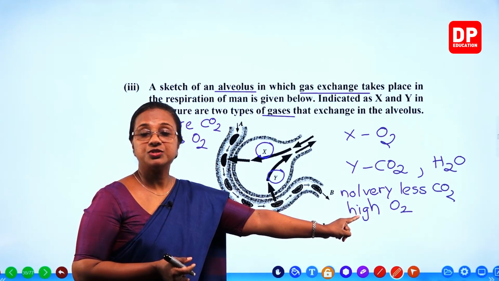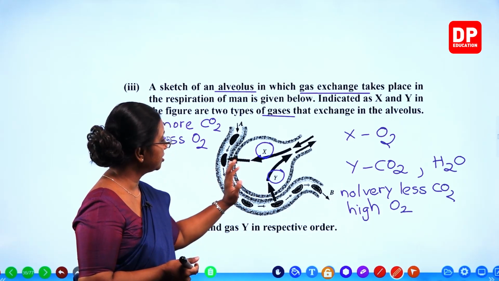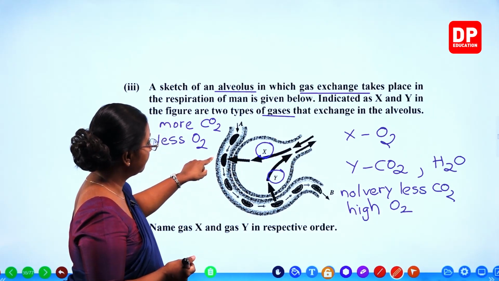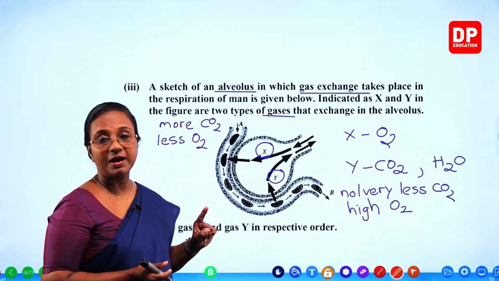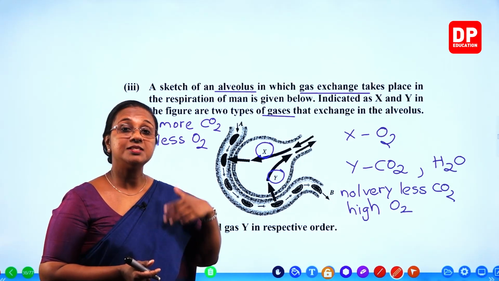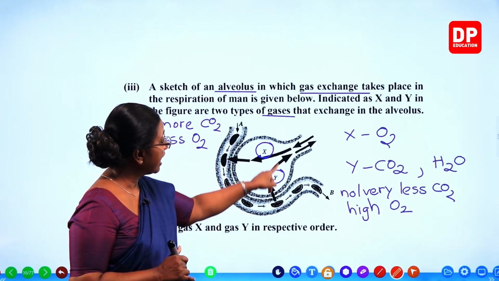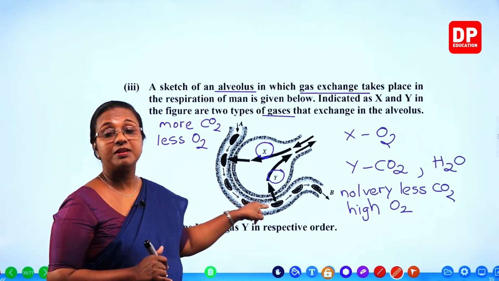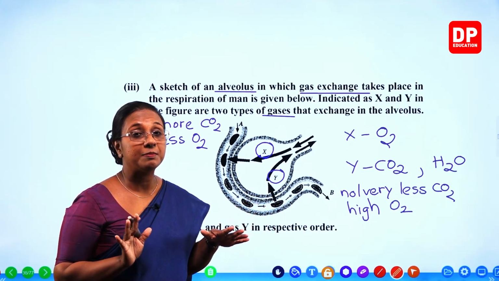That is the oxygenated blood. You can remember that. An efficient gas exchange takes place. Oxygen is given to blood, carbon dioxide and water vapor are given back to the air which is exhaled out. Is that clear? So this is the gas exchange surface, the respiratory surface of humans. You can remember that also.